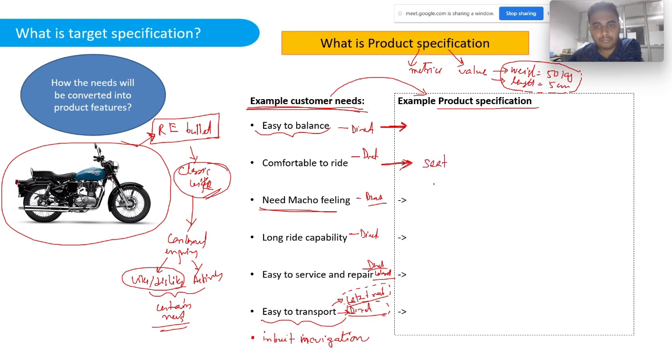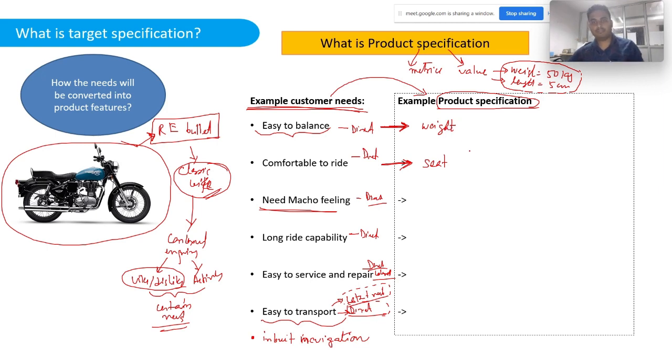What do you suggest as a product specification for easy to balance? Let's go one by one. For easy to balance, in terms of bikes, I'm not much familiar with technical terms. But I guess as the weight of the bike increases, the balancing capability also increases. I guess that's not a perfect answer, but maybe.